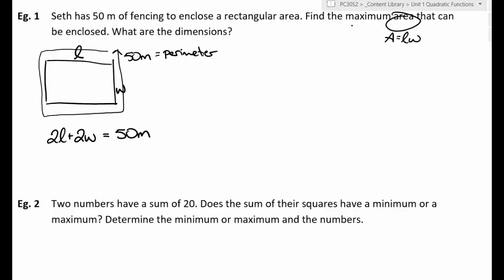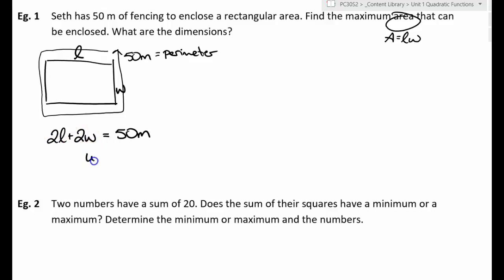But right now we have 3 unknowns in this equation. Well, that's not going to help us figure out anything. So we have to simplify it and get rid of one of those variables by substitution. We're going to use this perimeter equation to isolate one of our variables.